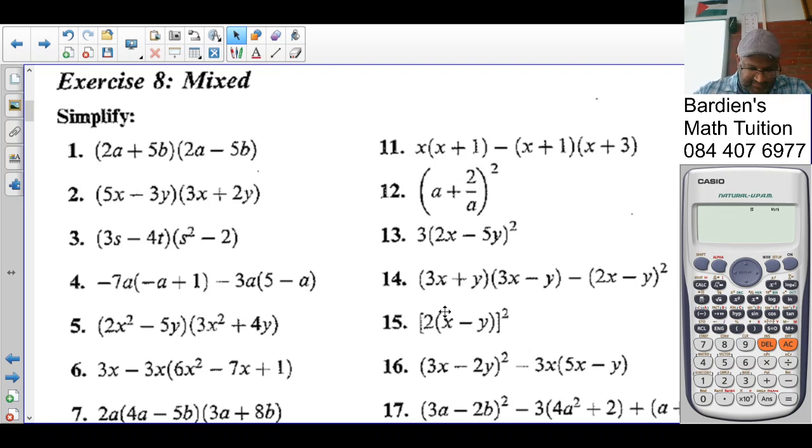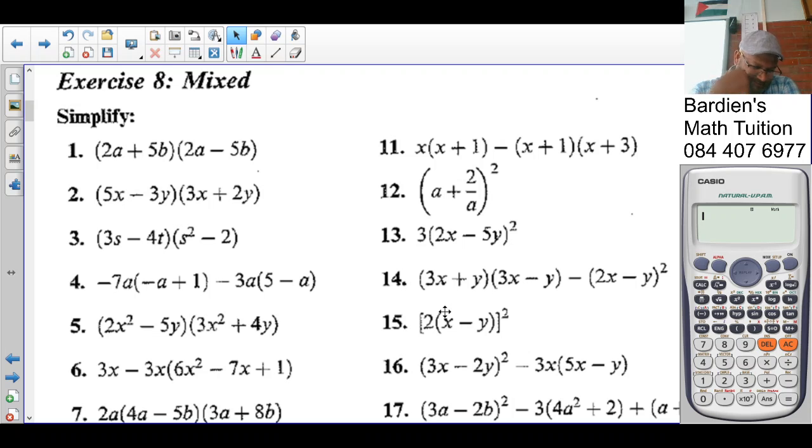Number 9. You got a squared over b minus 1. A squared over b minus 1. Are you marking? Okay. Number 11. What's your answer to number 11? Negative 3x squared. And sorry, minus 3x. Minus 3.